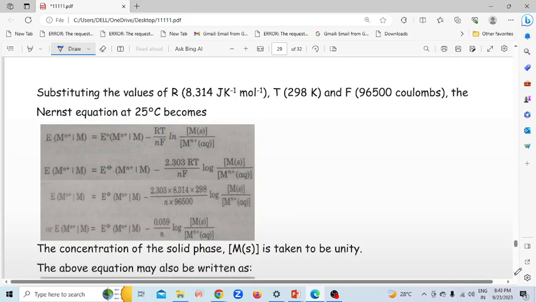Substituting R as 8.314, temperature 298, and Faraday as 96,480, but generally we can take 96,500 as a round figure, we get 0.059. So this equation becomes more convenient to use.